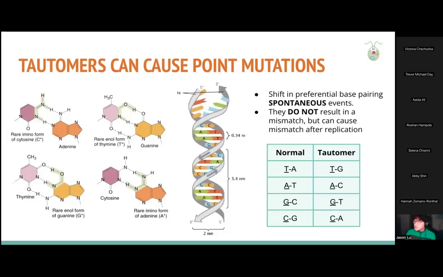And one really easy way to remember how tautomers base pair is just to think about purines and pyrimidines. In this picture, this is our DNA double helix structure, and we can see at the bottom it has a 2 nanometer width. This is really important, that we keep this width throughout the DNA to maintain its structure.